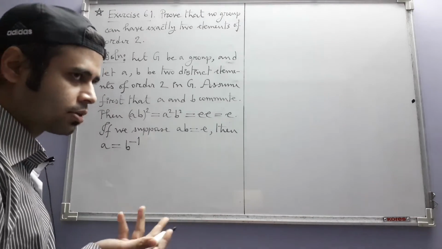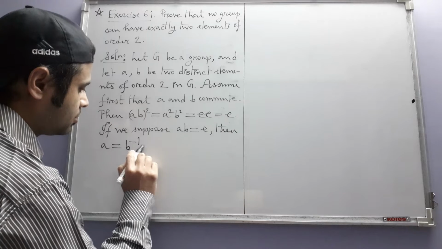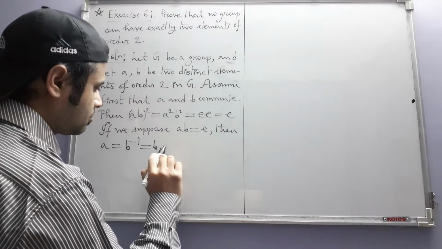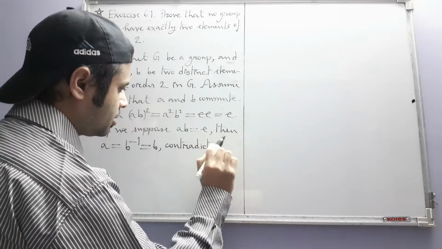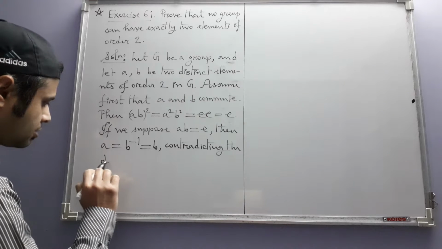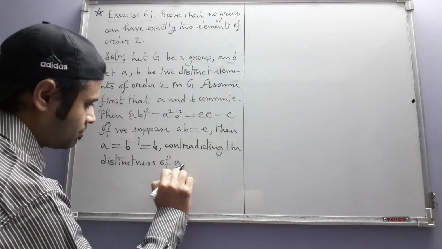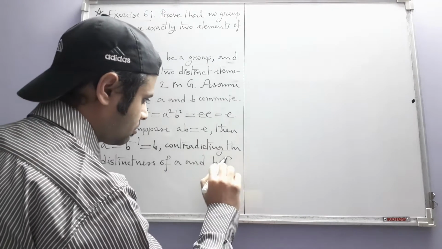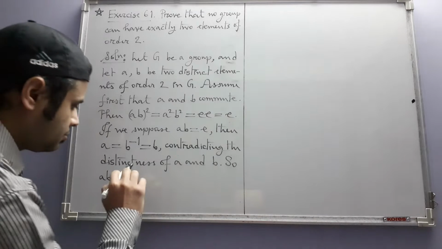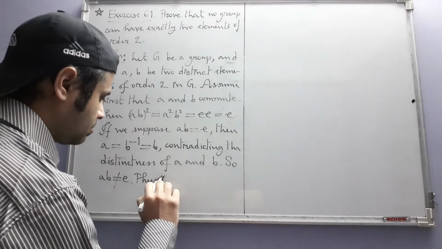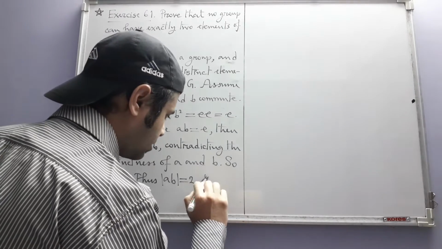But because B has order 2, B square is identity, so B inverse is equal to B. Contradicting the distinctness of A and B. So AB is different from the identity. Thus, AB has order 2.